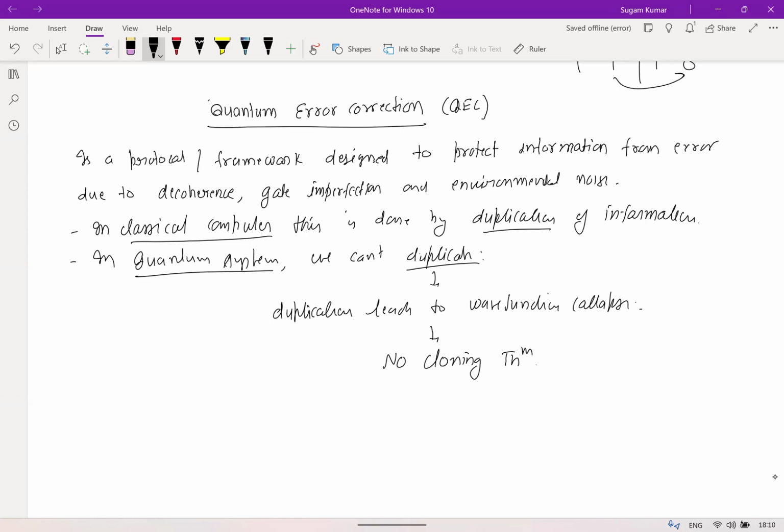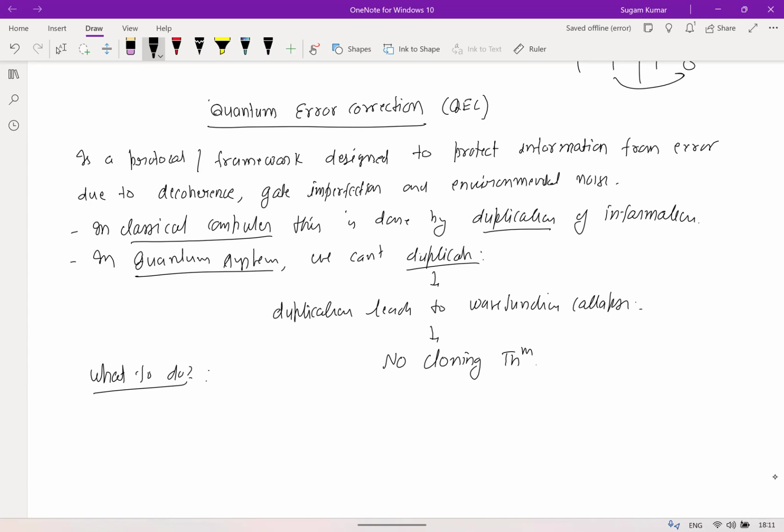So you have only one; this information will be stored only once. You cannot copy any arbitrary quantum state according to the no cloning theorem. So the question arises, what to do then?